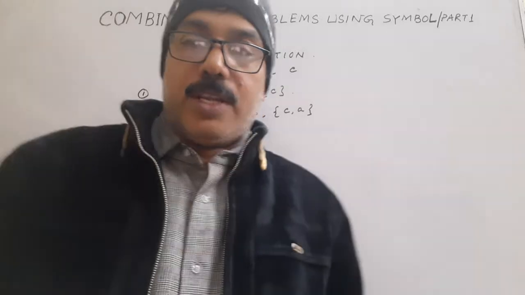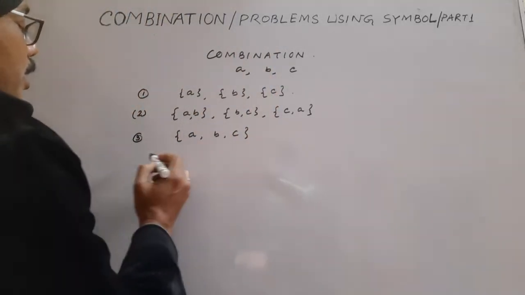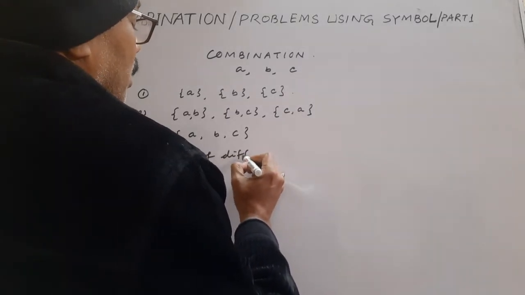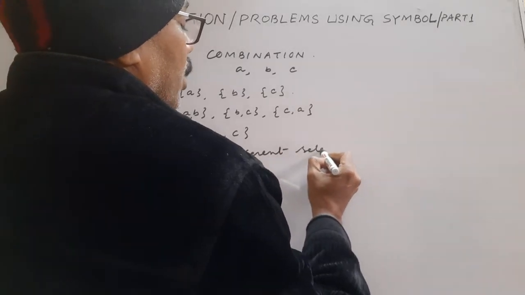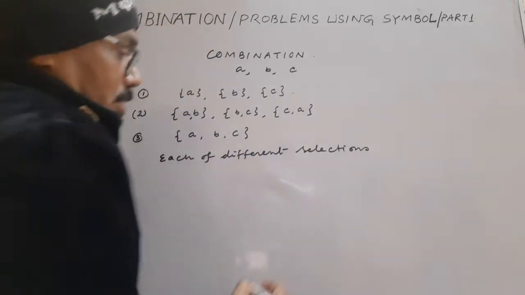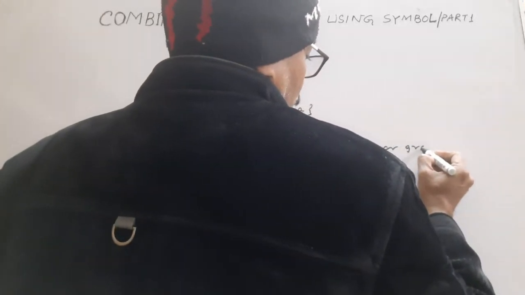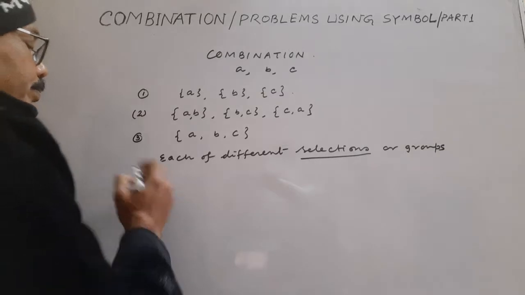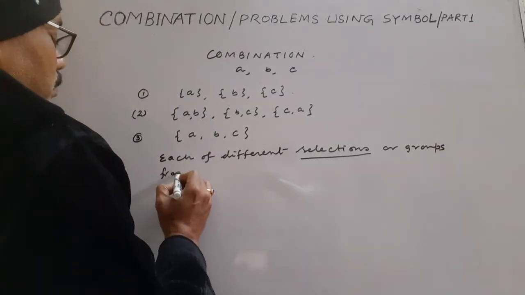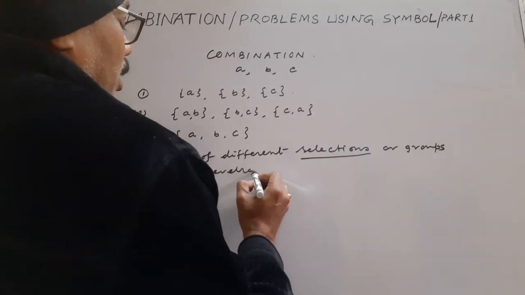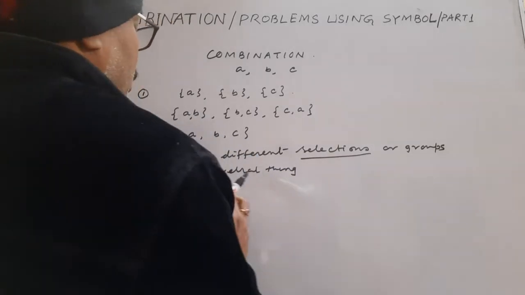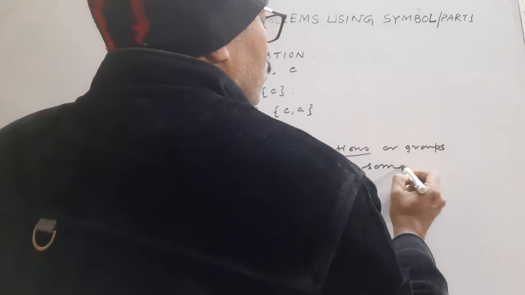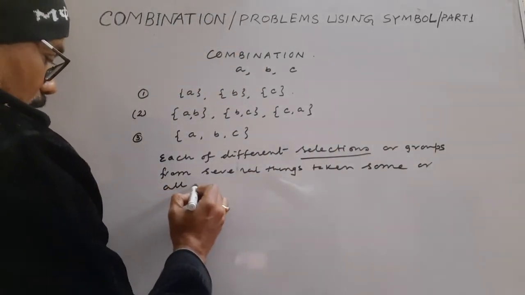And taking three at a time, ABC. So what is combination? You remember it: each of the different selections or groups from several things, taking some or all at a time.